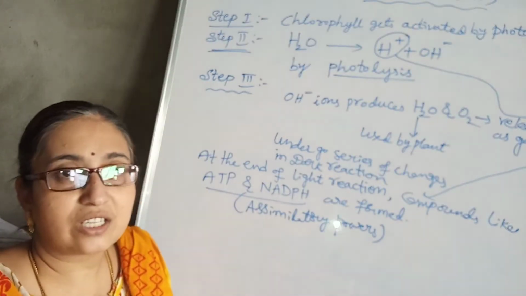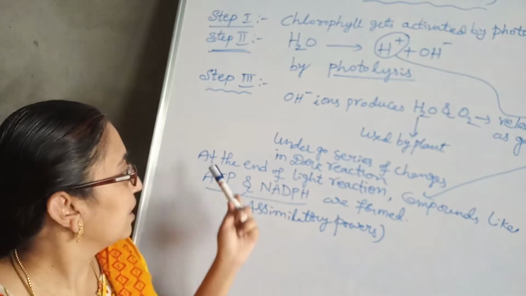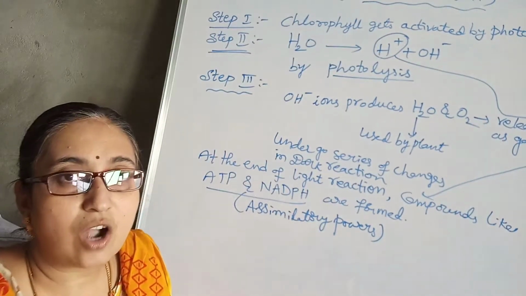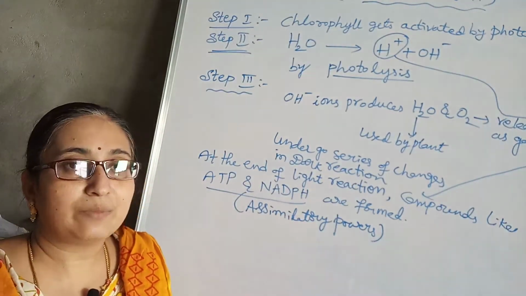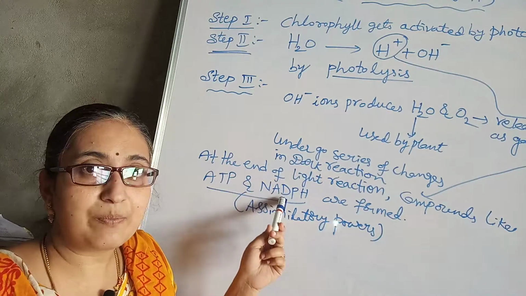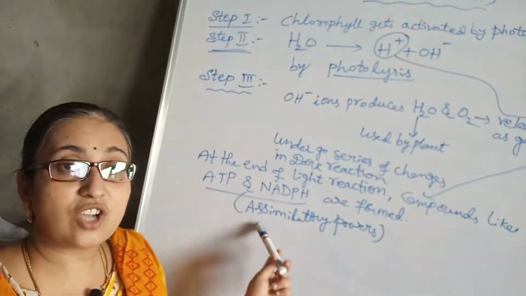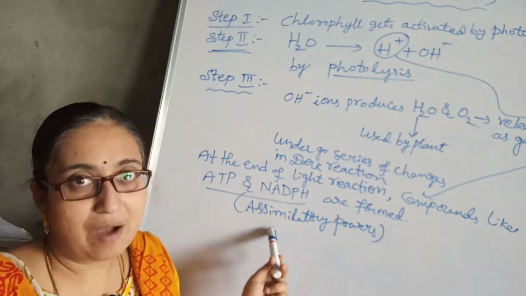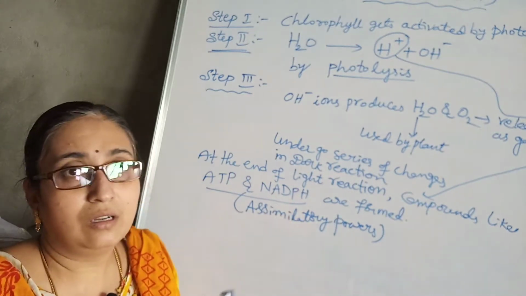You know the dark reaction is the biosynthetic reaction. At the end of the light reaction, the compounds formed are mainly ATP and NADPH, which are commonly called the assimilatory powers of the reaction.